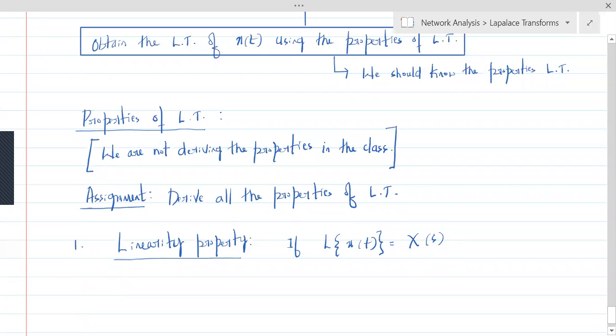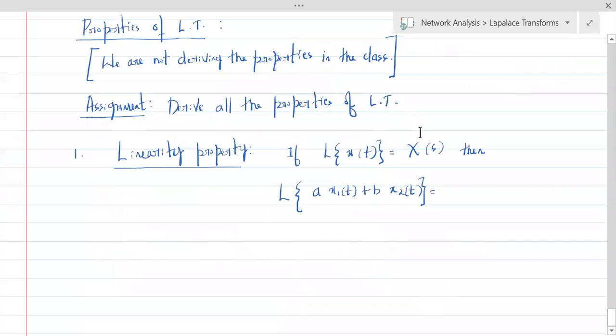Then the Laplace transform of a x1 of t plus b x2 of t is given by what? A and B are scalars here. Everybody just understand this. If you have x of t, it is X of s.